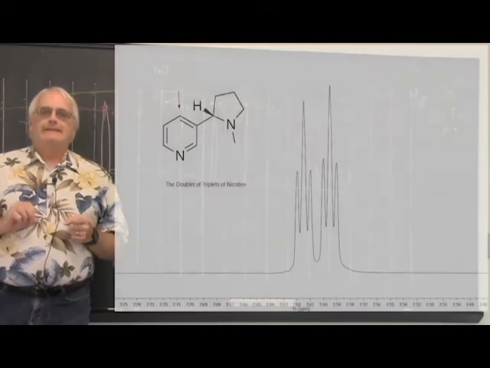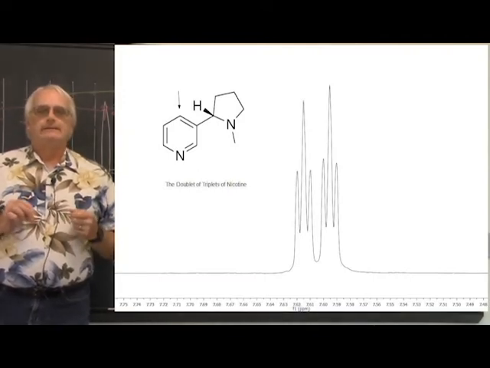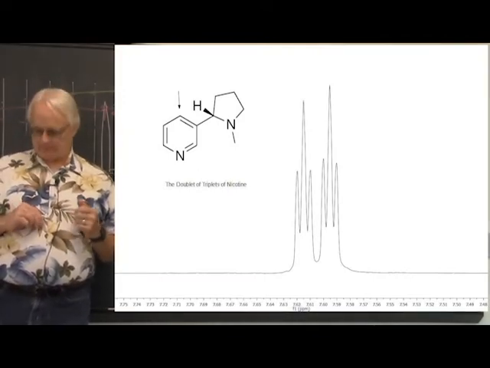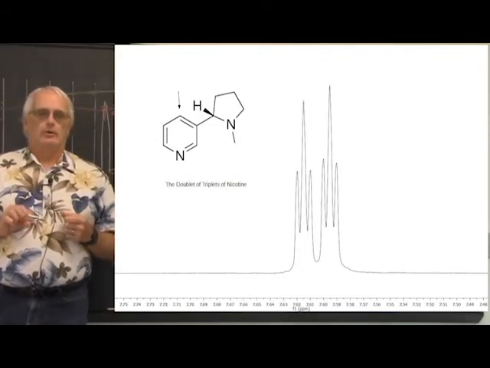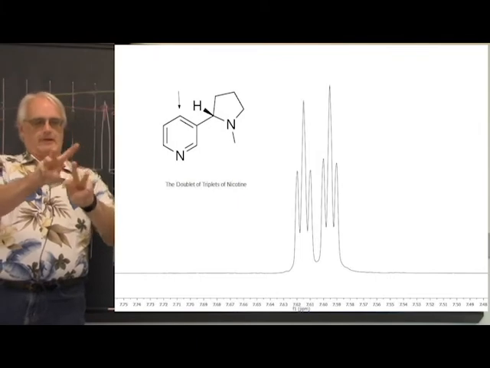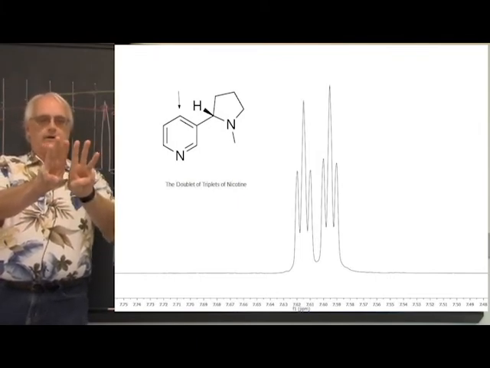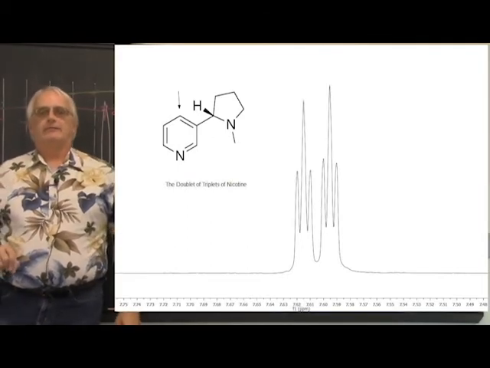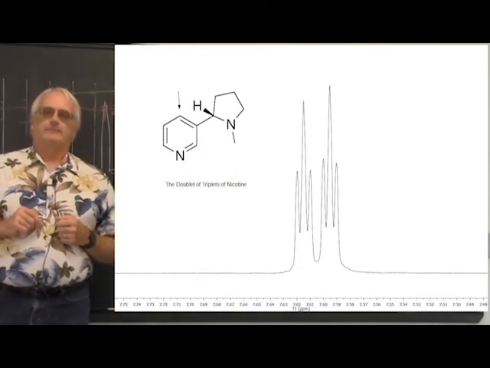Now, in this case, the coupling constants are such that the doublet influence is fairly large and the triplet is considerably smaller. So earlier I was kind of waving my fingers around and doing this sort of thing. In this case, it looks to me like the triplet influence is quite small, but there is definitely the doublet of triplets here in this spectrum.